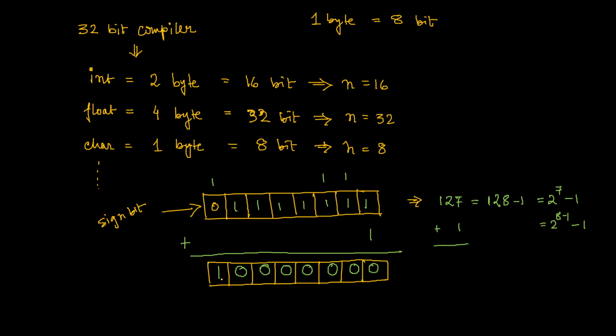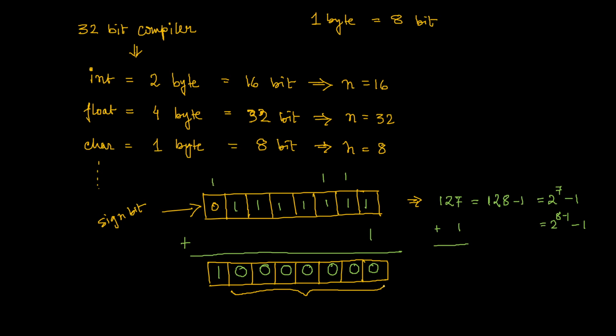And since this is a negative number, the computer will understand that the other part, the data part that is storing the data, is storing the actual value in 2's complement form, right? As we have seen already in the previous lecture.